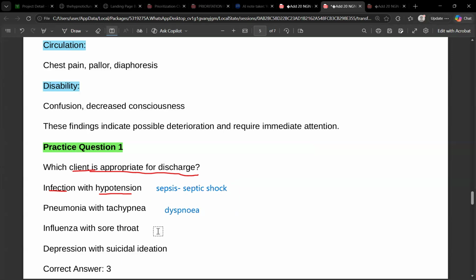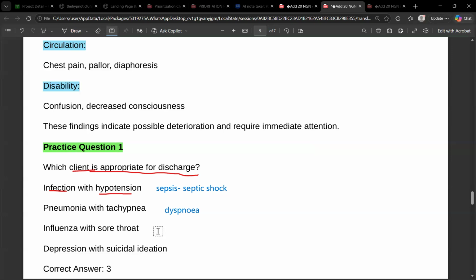Third one, influenza with sore throat. We know that in influenza, a viral infection, sore throat is a common symptom, that means the expected finding. Does the client need to stay in the hospital?